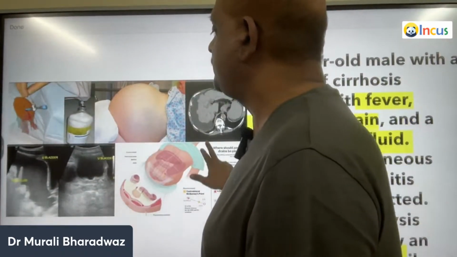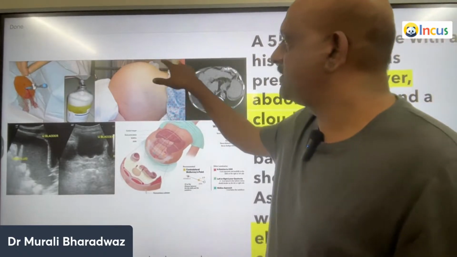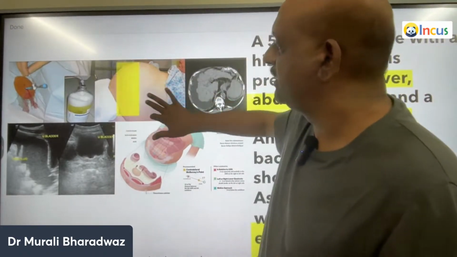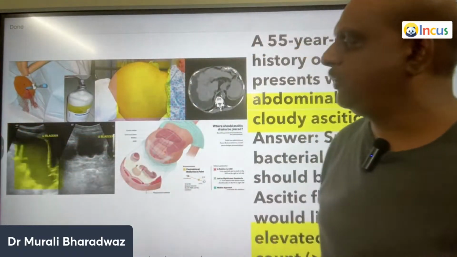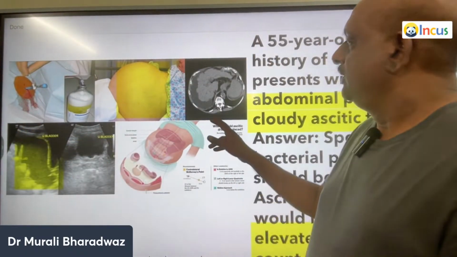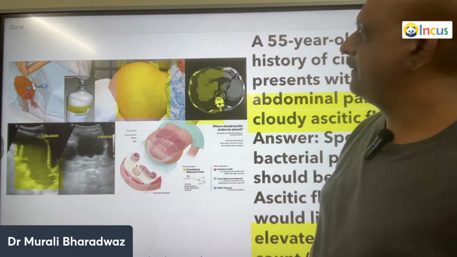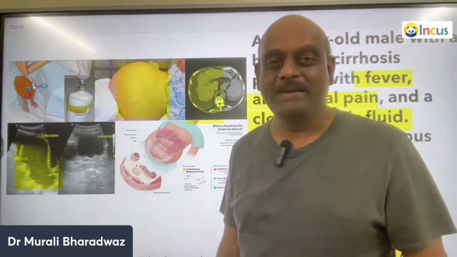So this is how you can see a patient with cirrhosis who is having ascites. You can also appreciate the ascitic fluid when you have done the ultrasound, and you can also appreciate its presence on CT imaging.